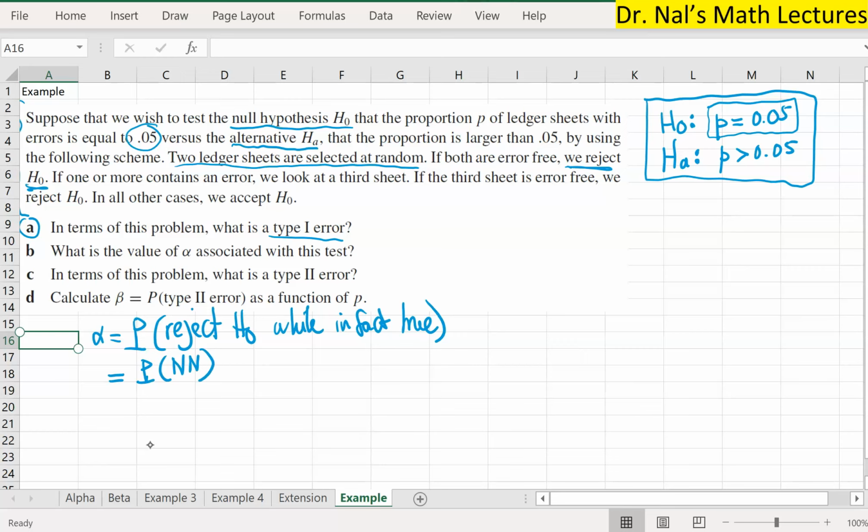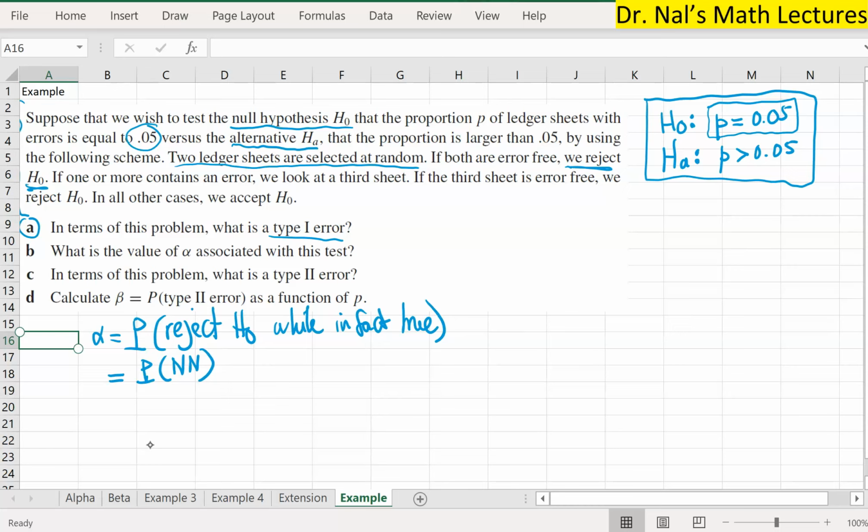I use the letter N as not error, versus capital E for error. Either both the first and the second came out as no error, the two samples. In that case, we reject the null hypothesis.